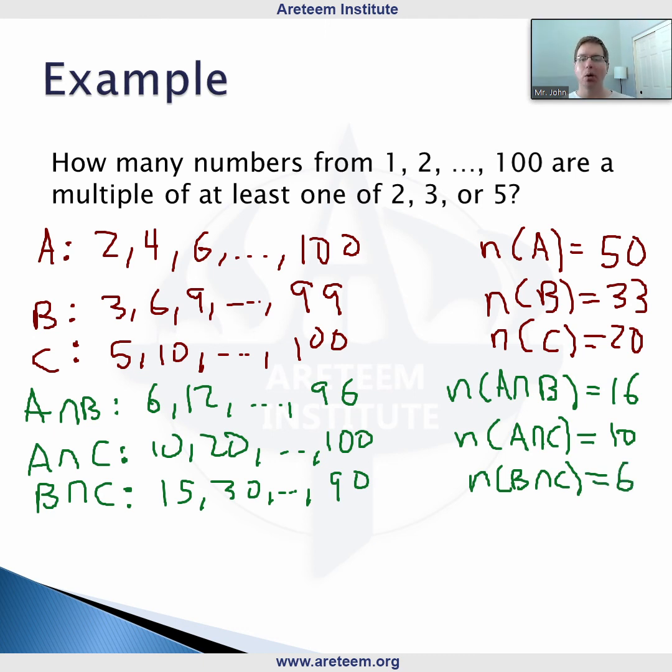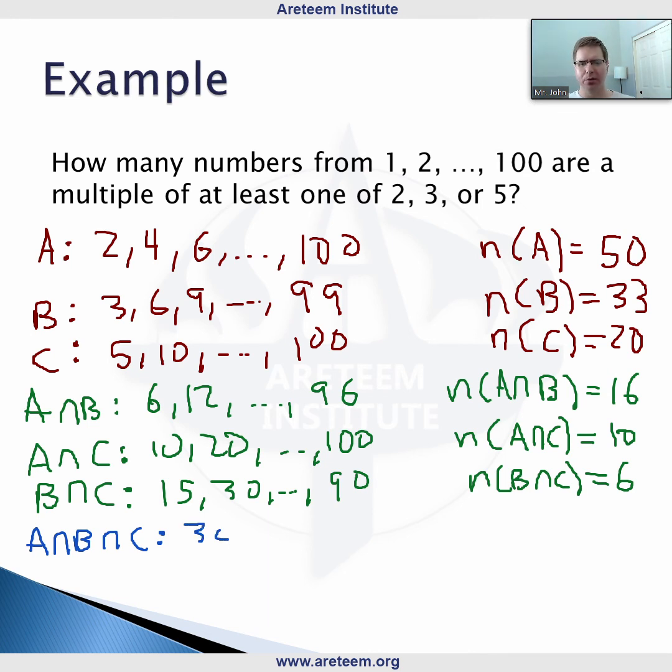Now, how do we finish this? Do not forget the 3-set possibility, the possibility of A and B and C. These are a little bit harder to visualize in terms of why we add or subtract them. But if it's a multiple of 2 and 3 and 5, it's actually a multiple of 30.